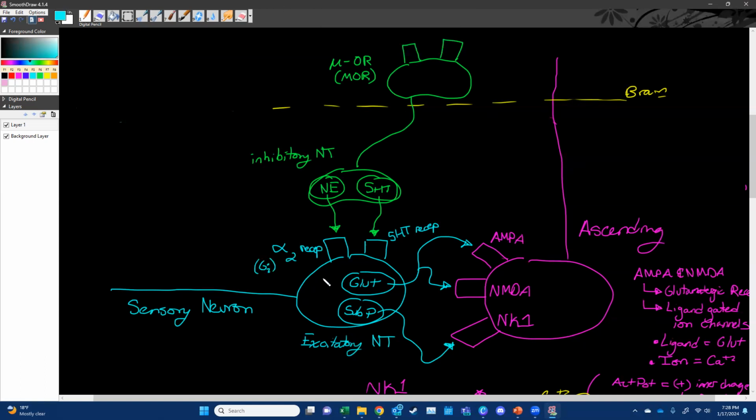So once again, we're seeing how the alpha receptor is being used in this interesting way where we're decreasing the effect of other things. Same thing with serotonin. It is Gi linked, and it is going to decrease the effect of the sensory neuron.